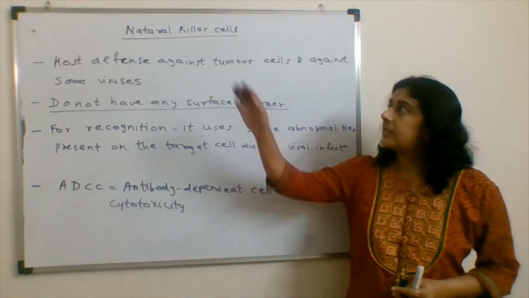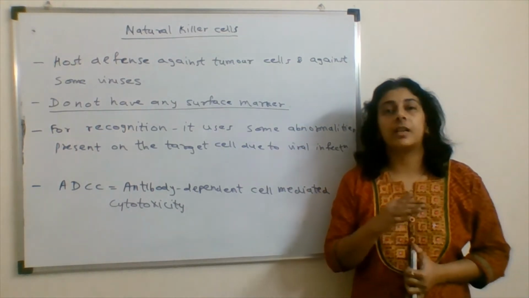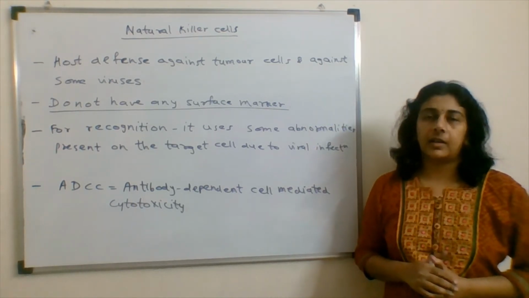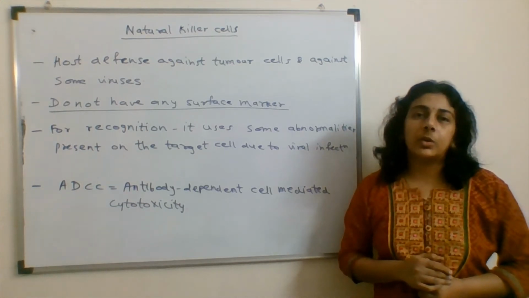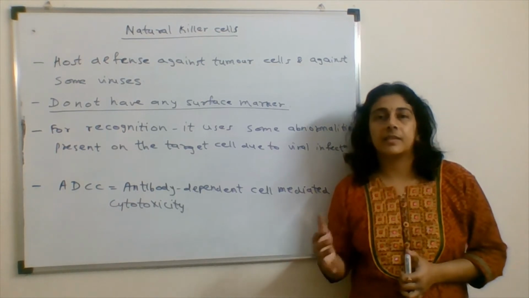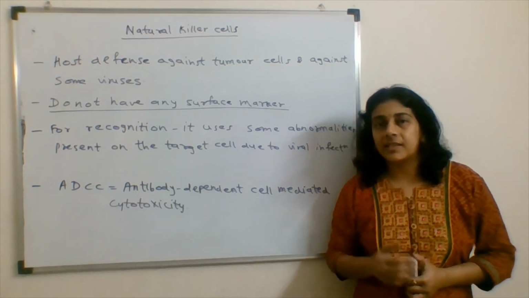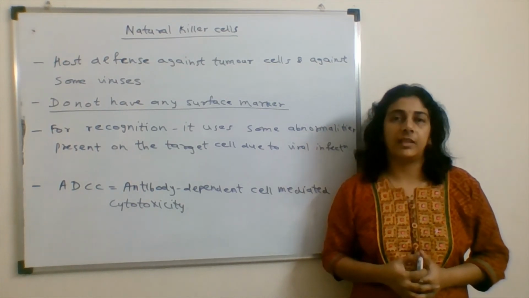The next one is natural killer cells. These are the cells which provide host defense against virally infected cells or against tumor cells. The thing is, these do not express any surface markers. In case of B cells, the antibody was there as a surface marker. In case of T cells, we have seen that T cell receptors were there.